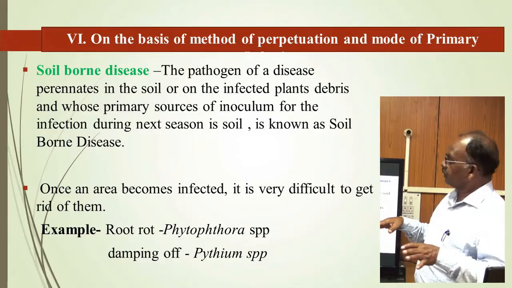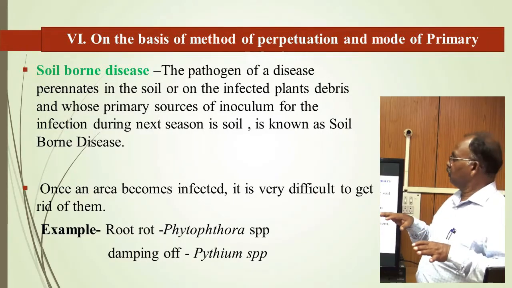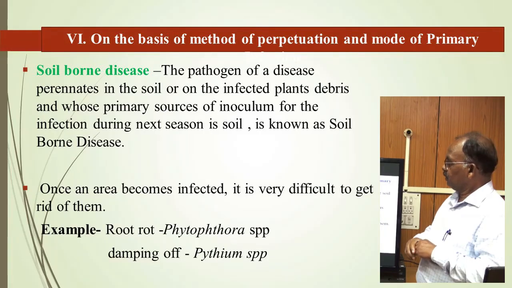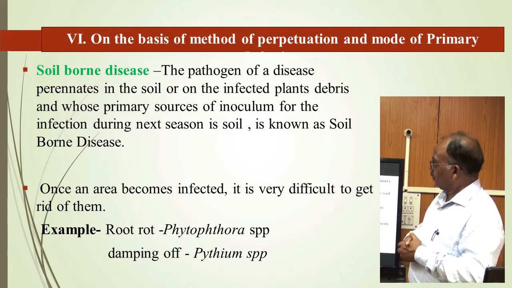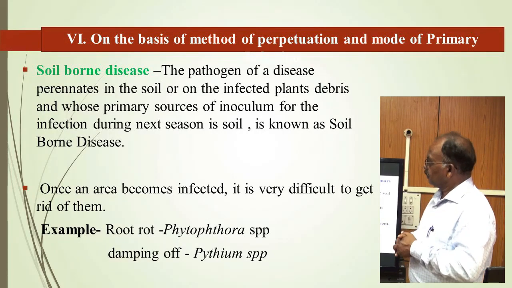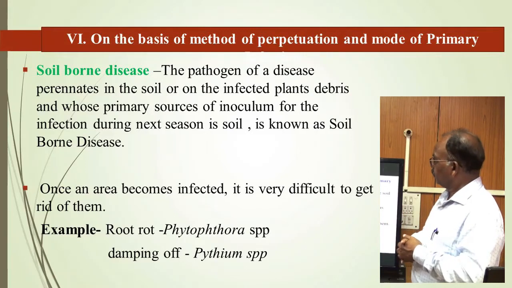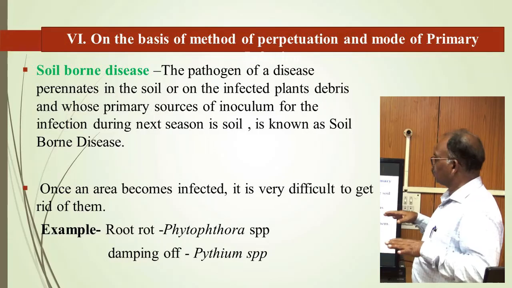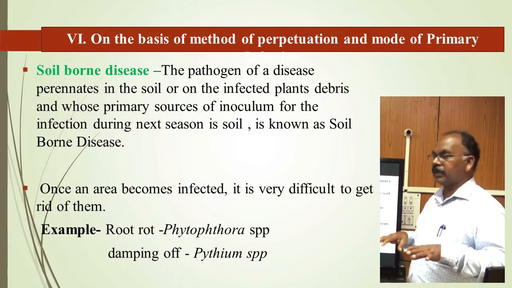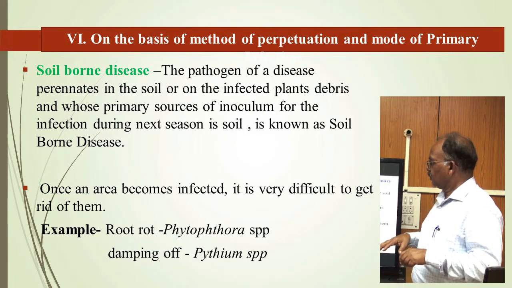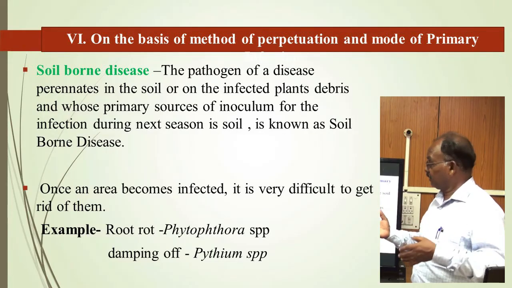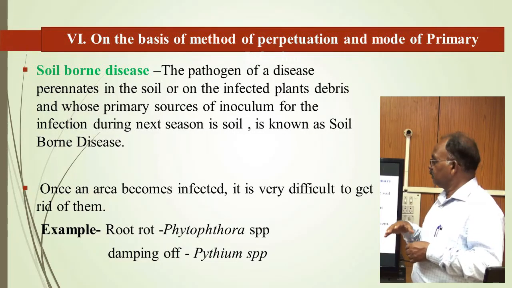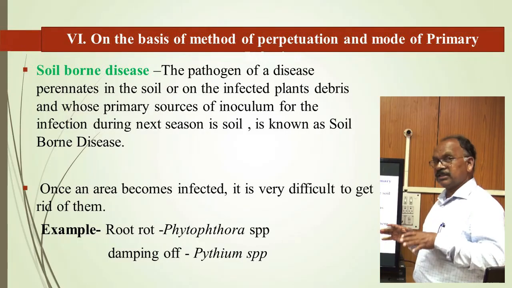Plant diseases are classified on the basis of method of perpetuation and mode of primary infection, such as soil-borne disease. The pathogen of a disease perennates in the soil or on the infected plant debris, and the primary source of inoculum for infection during the next growing season is soil.